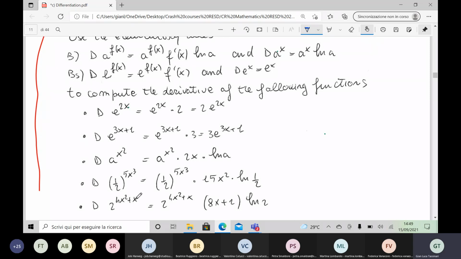The derivative of the exponent. Which is the derivative of the exponent? 2 times 4 is 8, 8 times x, because x decreases by 1 degree, so 8x, plus, which is the derivative of x? 1, so plus 1. Then remember, you have to multiply by the natural logarithm of a, so ln of 2.